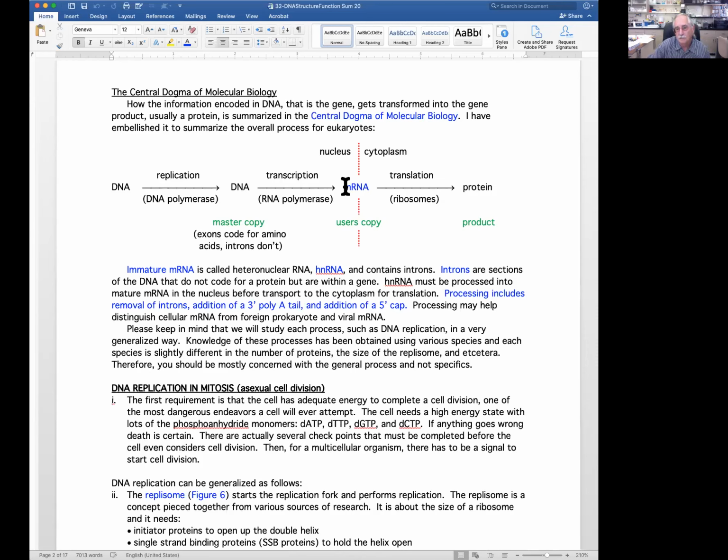Then when the message comes out into the cytoplasm, the RNA is translated into a different language, the language of proteins, which is amino acids. And that's done by the ribosomes. Okay, so ribosomes are enzymes, so are those.